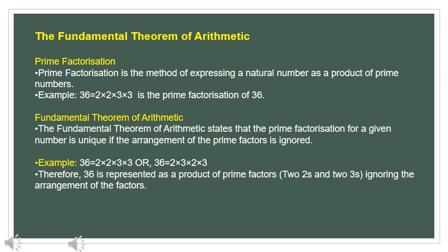Prime factorization means expressing the given number as a product of primes. For example, we can write 36 as 2 into 2 into 3 into 3, where 2 and 3 are the prime factors of 36.